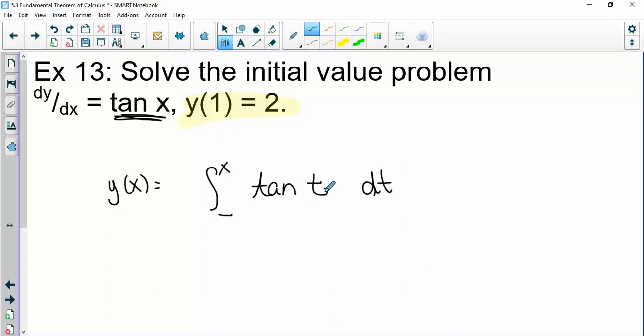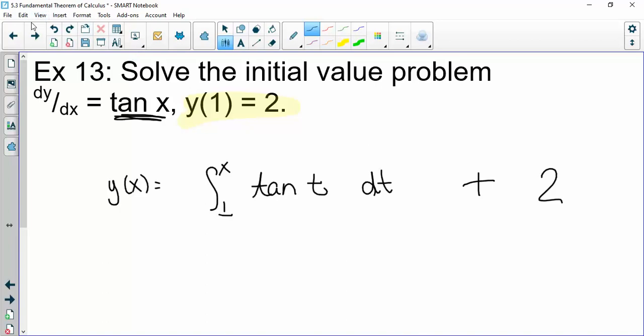I don't want to try to figure out the tangent of what is equal to 2. That's going to be a headache. But if I start this at 1, we know from 1 to 1 that would be 0, so that integral would mean nothing. So how do we get it equal to 2? Add 2 on the end. So this is a strategy when it's something that we can't integrate. We're just working backwards and telling what the original problem could have been.